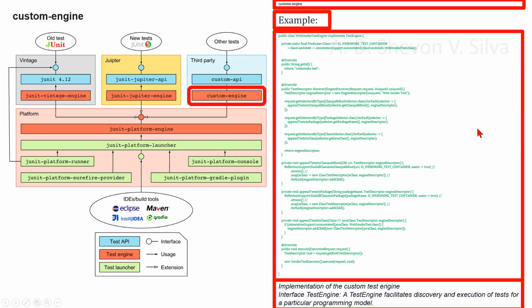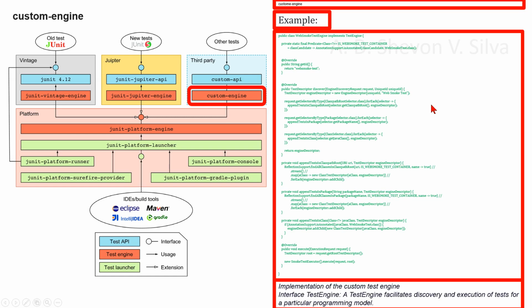Implementing the minimum test engine here. A test engine usually consists of the engine class itself and one or more TestDescriptor implementations. This is in no way mandatory, and in this example here there are two annotations.